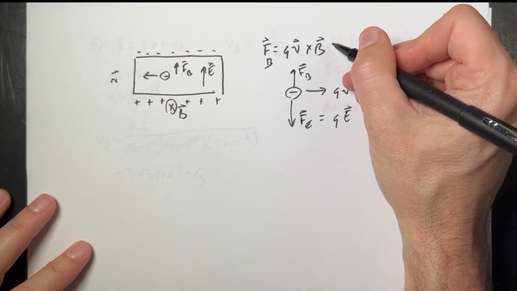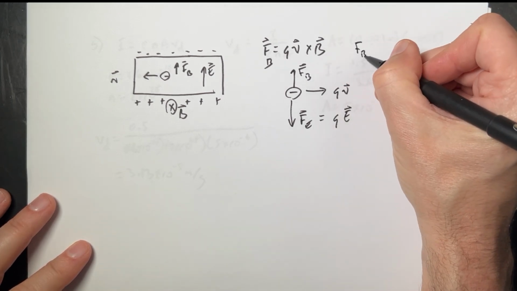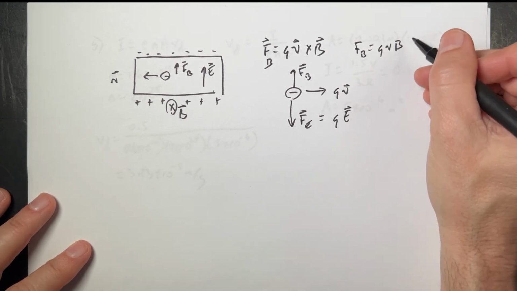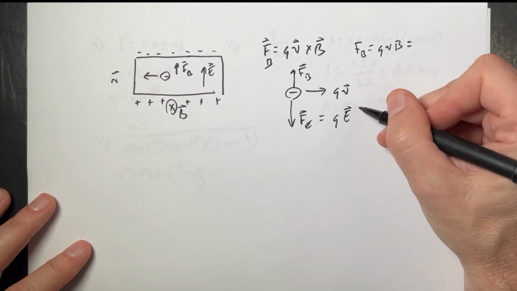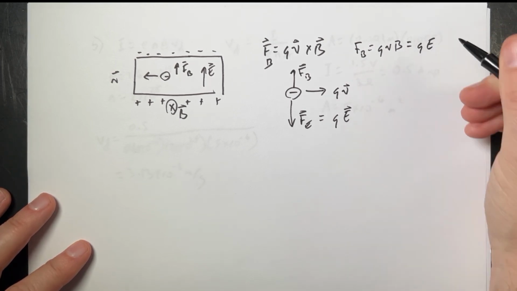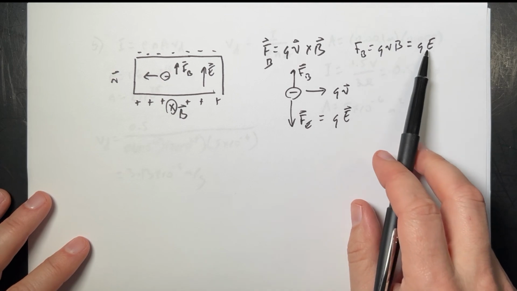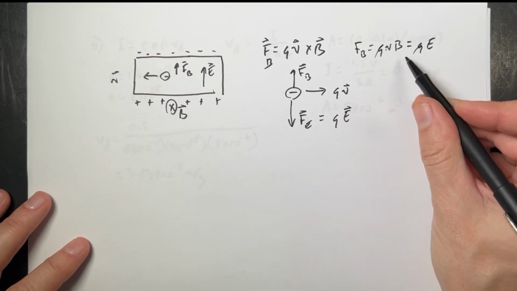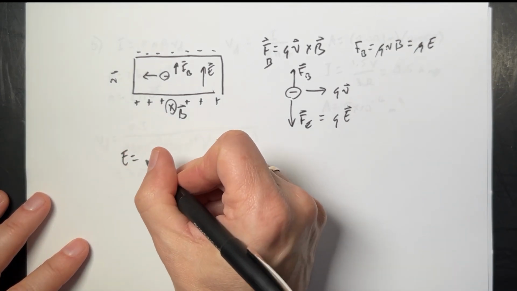So I can write the magnitude FB as QVB, and that's going to be equal to the magnitude of this, which is QE. So now I can solve for E pretty easily, right? The charge cancels. I know V, so E is V times B.